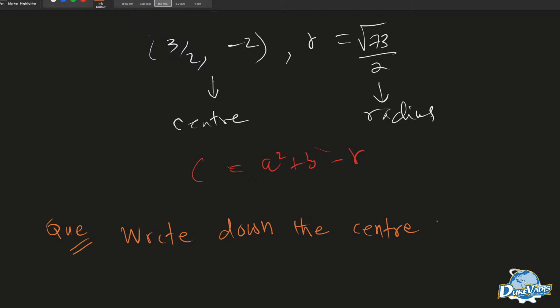Write down the center and the radius of the circle. Write down the center and the radius of the equations below.